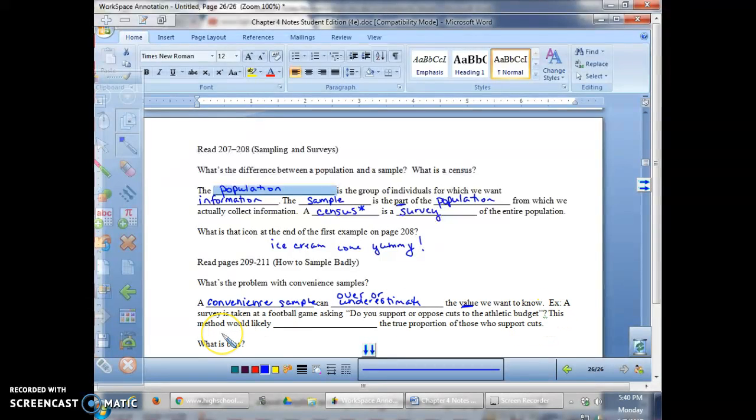In this case, you're at a particular convenient location just asking a question. Well, if you're at a football game, those people support football. They more than likely support athletics in general. So more than likely, most of the people at the game will say that they oppose the cuts to the athletic budget. So this is going to probably underestimate the true proportion of those who support the cuts. So at a football game, you may get a 25% rate for those that support cuts, whereas the true proportion may be something more like 50 or 60%. But it would be because you had designed a study in which you were using a convenience sample.